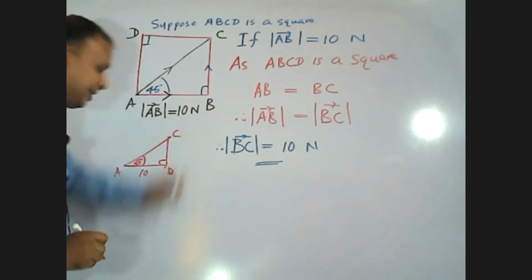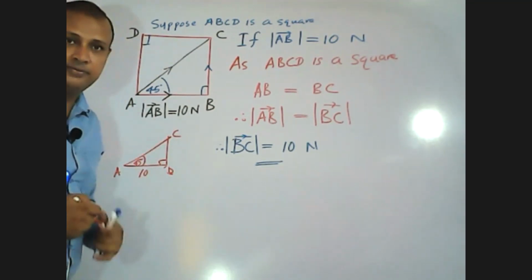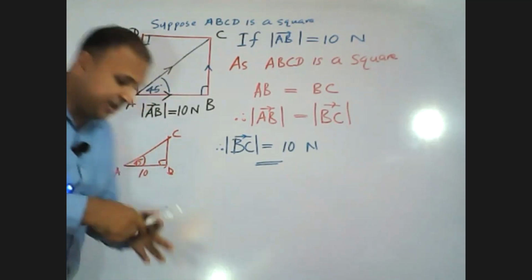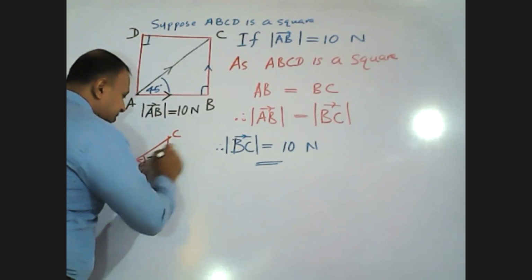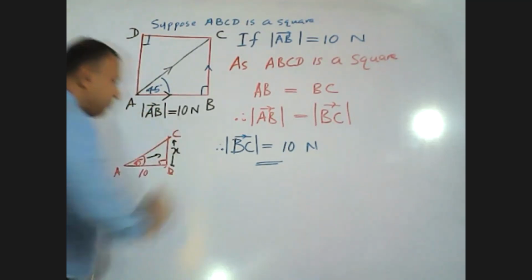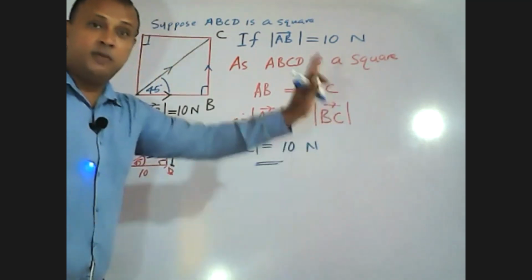In the ABC triangle, I know the angle and the adjacent side to that. So if we want to find the opposite side, what is the most appropriate trigonometric ratio?